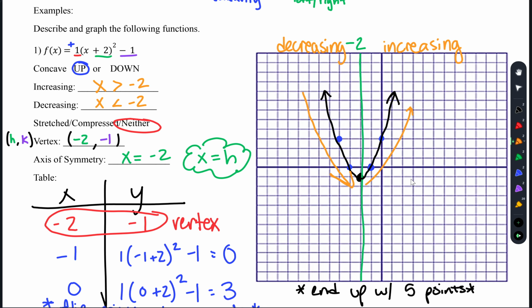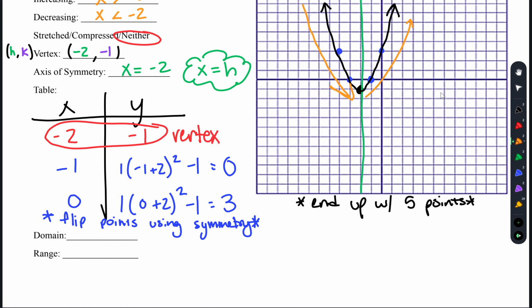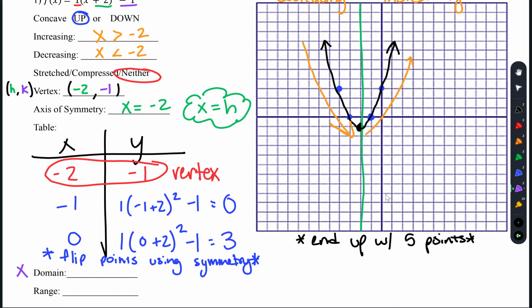One more part here before we're done with this problem is domain and range. So let's look at the bottom here. Domain refers to all of the possible x values in a function. So that's how far left or right does this go. And if you think about a parabola, it's going to keep opening up wider and wider and wider. It might open up wider very slowly, but it is going to open up wider and wider forever.